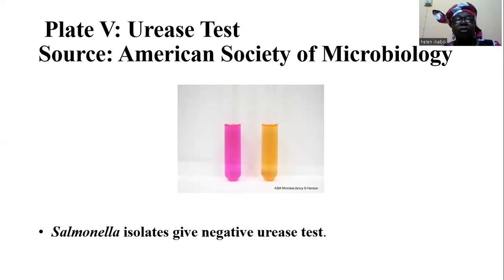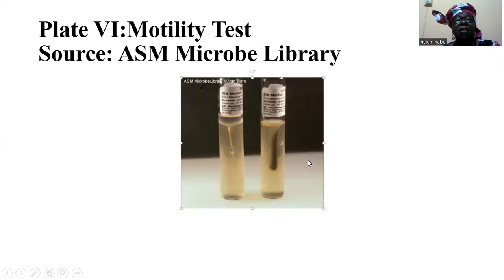Because of the presence of ammonia in the medium, there will be a change in the color of the pH indicator, phenol red. And so this is a positive test. But Salmonella isolates give a negative urease test.